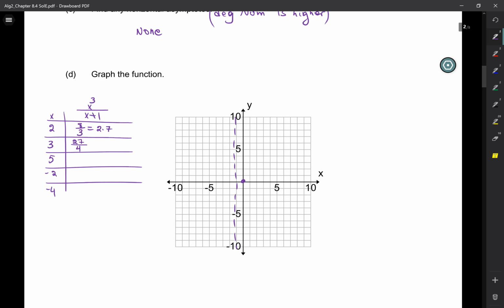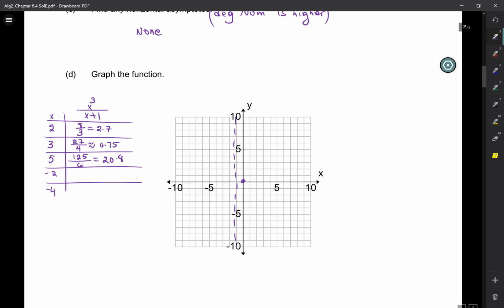About 7, right? So it's like 6.75? Awesome. Okay, so what if I put 5 in there? That's 125 over 6. How much is that? That's a big number. Anybody? 125 over 6? 20.8?